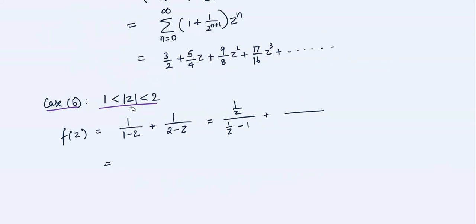Now z by 2, 1 by z will be less than 1 for sure.